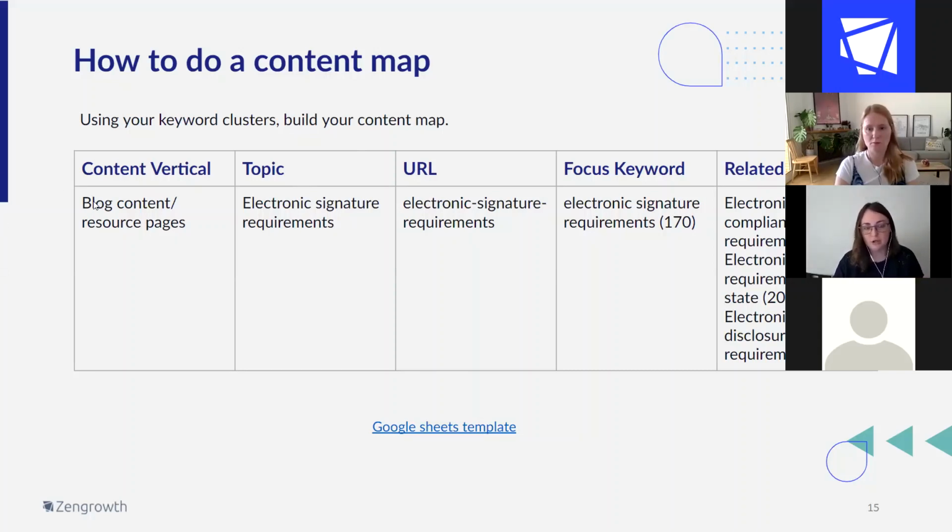So in this case, the blog would be the parent page. So it would be like yourdomain.com/blog/electronic signature requirements. Do try to stick to this organized and consistent structure if you can, because that goes into your sitemap and then it's easier to crawl and index.